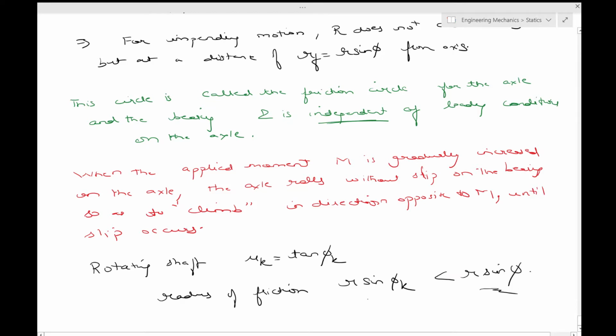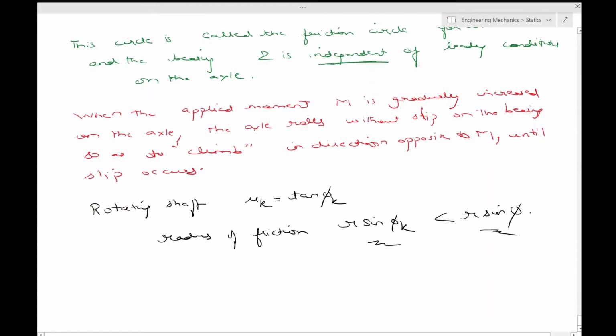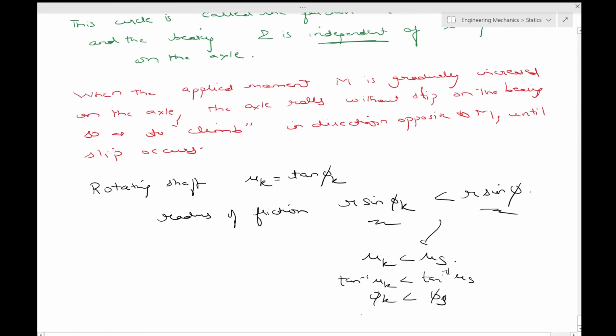This was for the impending slip and this is for the rotating shaft when it actually comes into the steady state. And this will be there because mu k is less than mu s, and as you know phi is equal to tan inverse of mu, this is phi k and this is phi s, and hence sin of phi k will be smaller than sin of phi s. So that's where this is coming from.